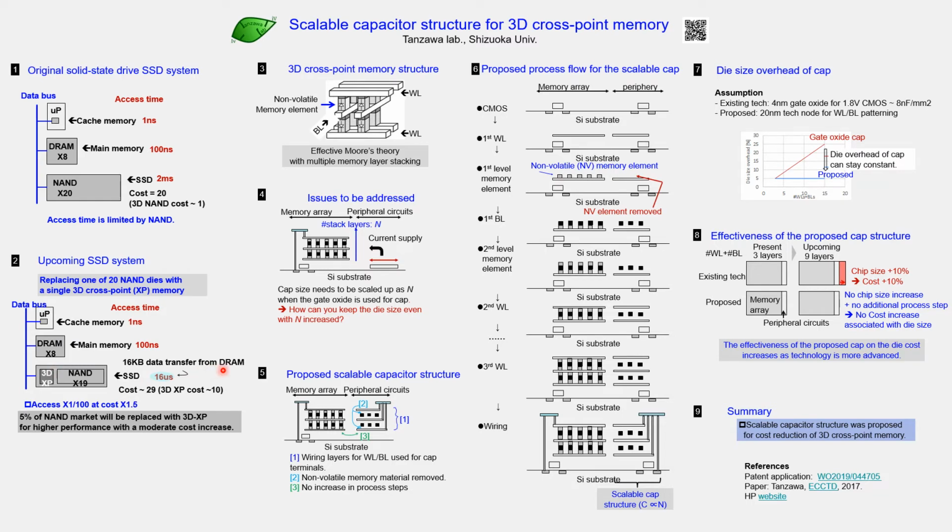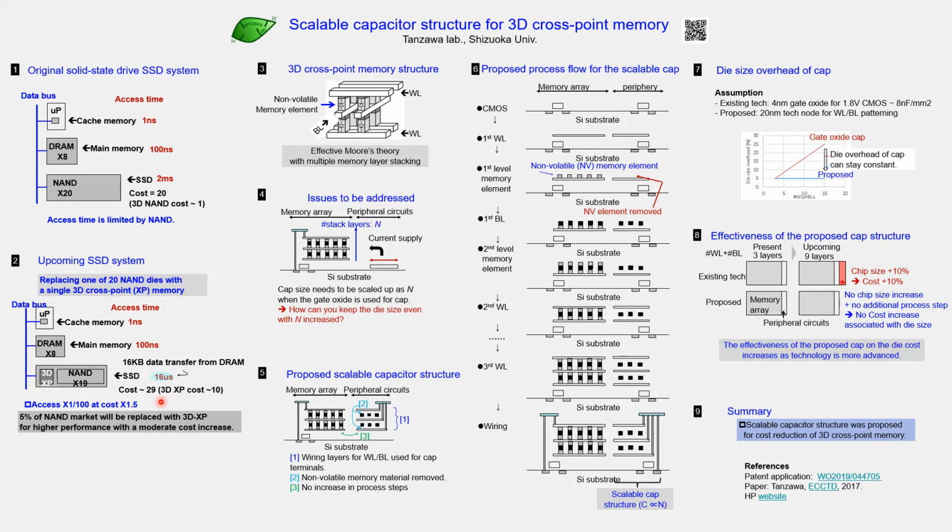Suppose the data size is 16 KB, then the total write operation is estimated about 60 microseconds rather than 2 milliseconds, which is 1% of NAND write operation. So you can get much higher performance with 3D cross-point memory.